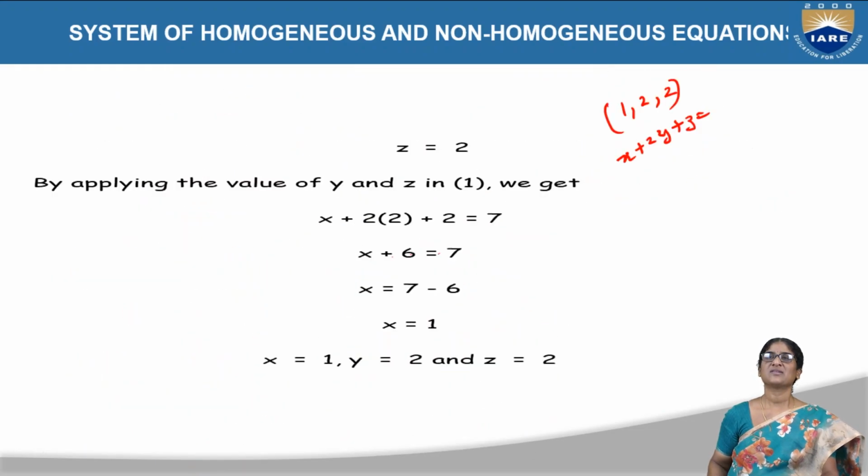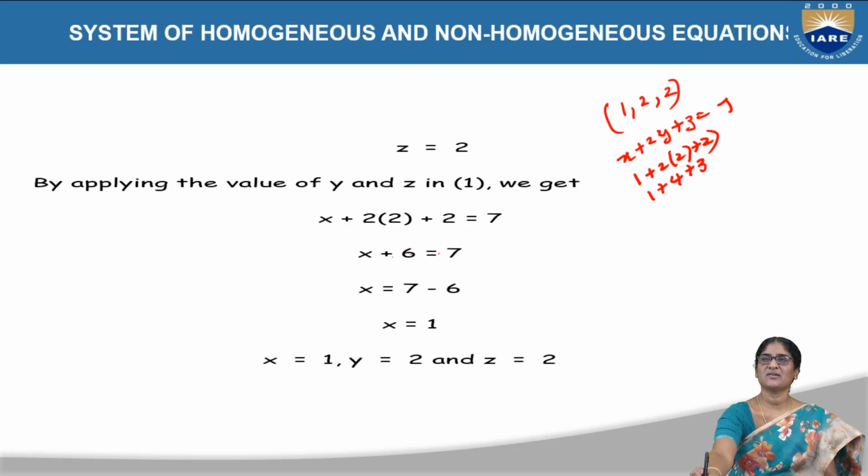Substitute these values. Let's see whether our solution is correct or not. 1 plus 2 into 2 plus 2, that is 1 plus 4 plus 2, which is nothing but 7. Obviously, LHS is equal to RHS.